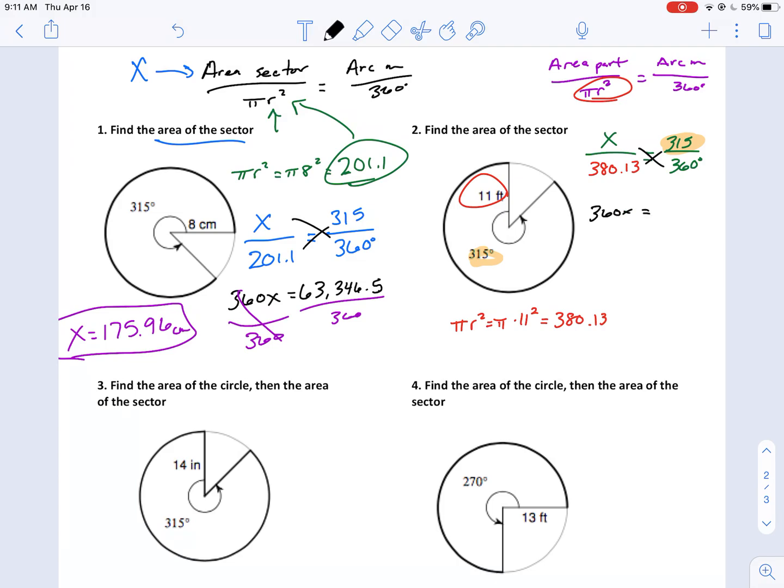So the area of the whole circle is 380.13. And our very last step before we solve for x is to cross multiply. 360x equals 380.13 times 315 gets me 119,740.95.